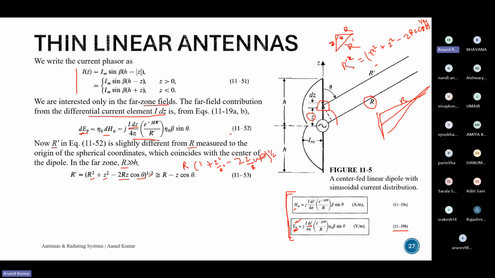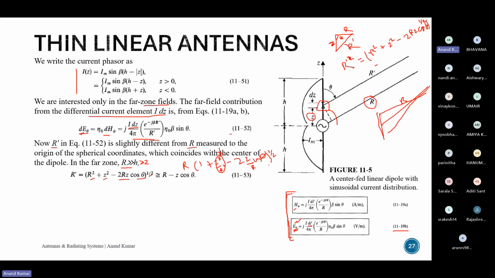Now we know that R is much greater than h, and since z's maximum value is h, it implies R is much greater than z as well. So this particular term we can ignore.